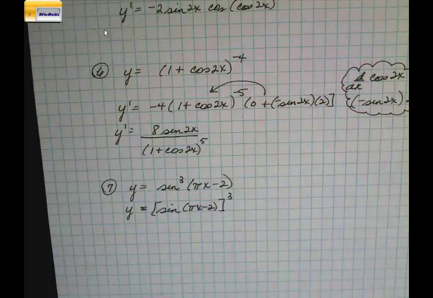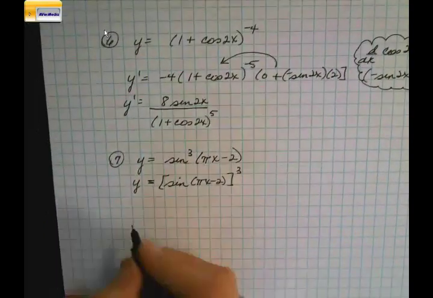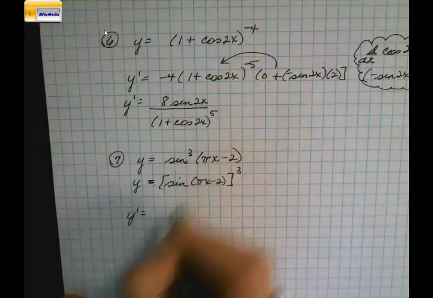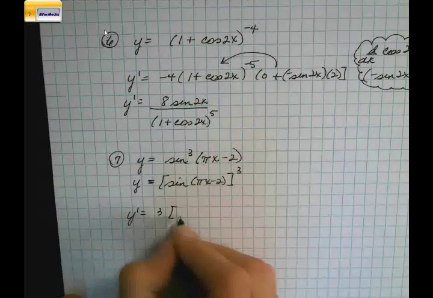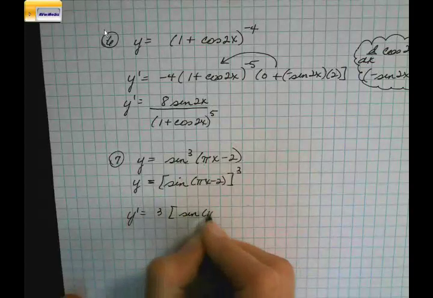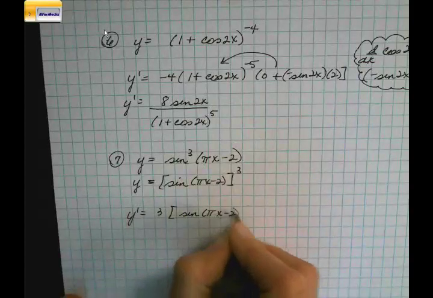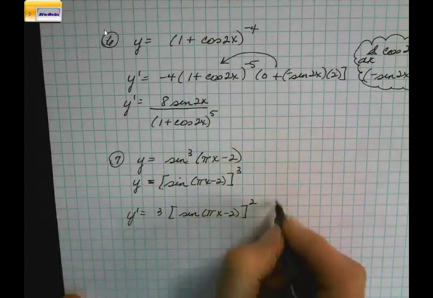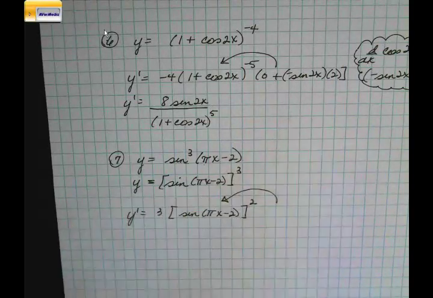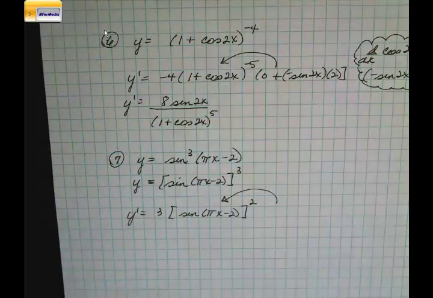I've not taken a derivative, I'm just rewriting the question in another form. Okay, chain rule, here it comes. First derivative, pull the 3 out front and decrease the 3 by 1. Then take the derivative of what's inside those square brackets.